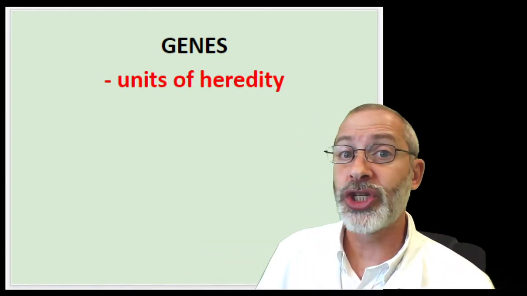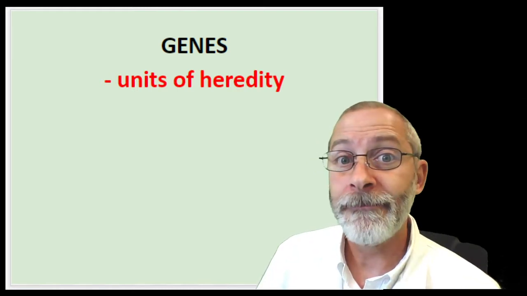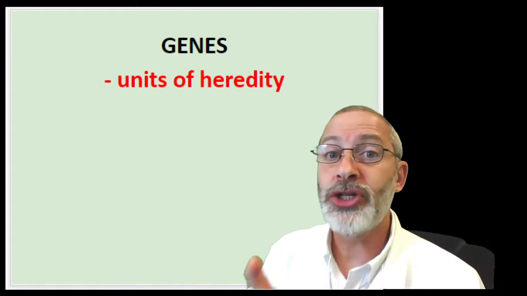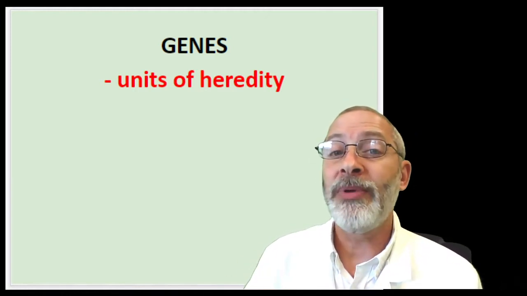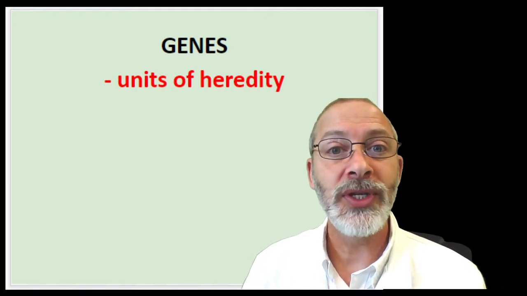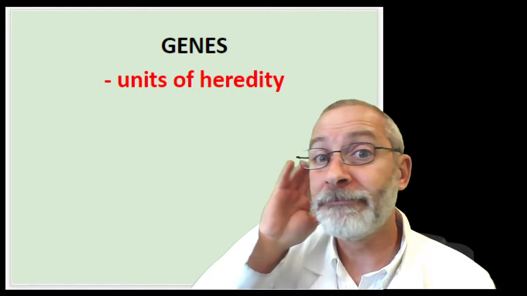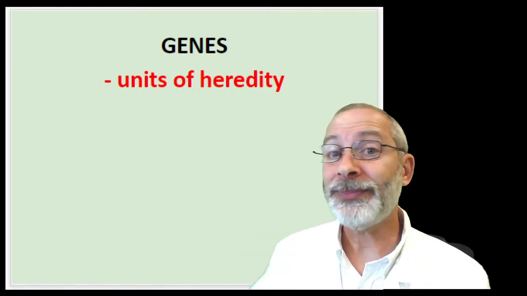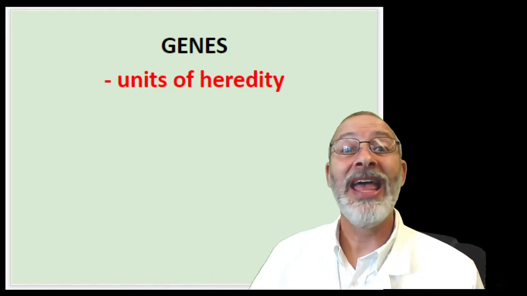Meiosis is the production of sex cells. Now, here's another question for you. Raise your hand if you can remember what happens to the number of chromosomes during meiosis. Very good. They are halved. They are cut in half.